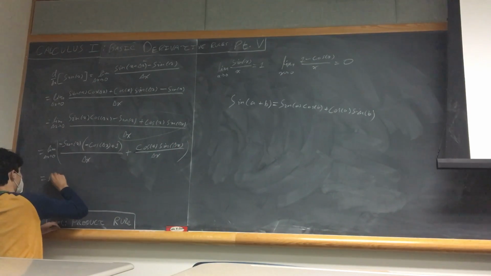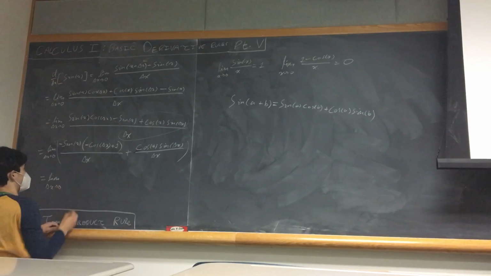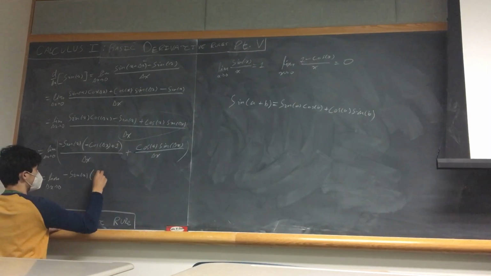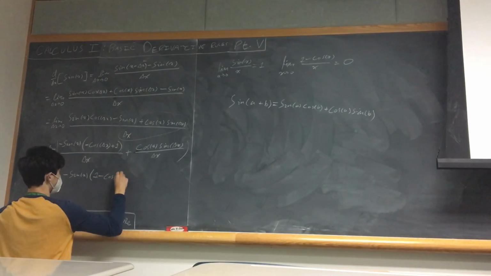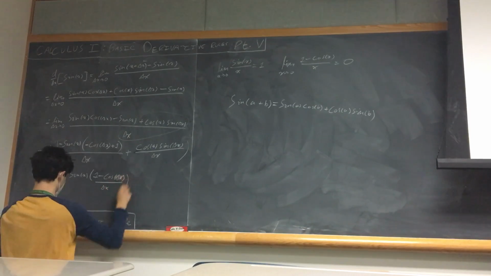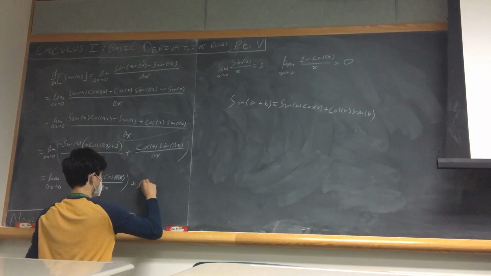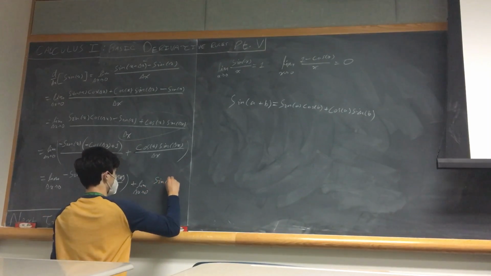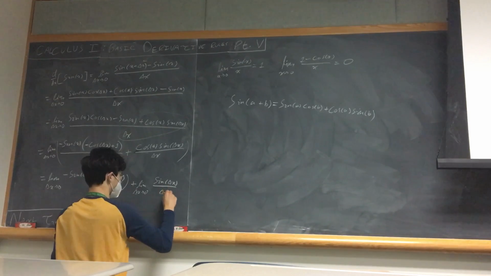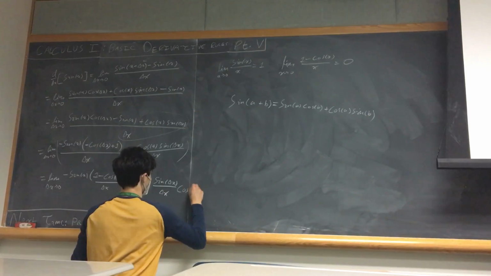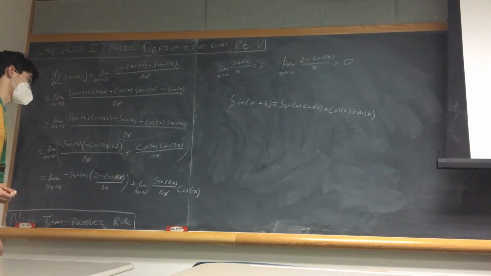I can say that this is equal to the limit as delta x approaches 0 of negative sine of x times 1 minus cosine of delta x over delta x, plus the limit as delta x approaches 0 of sine of delta x over delta x times cosine x.